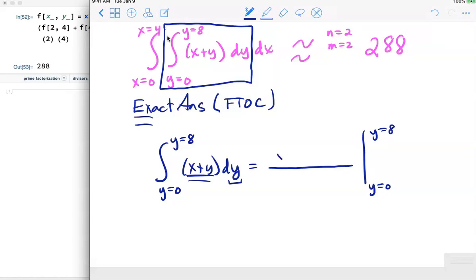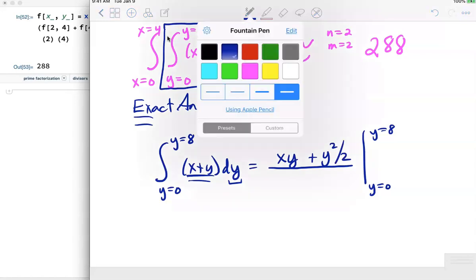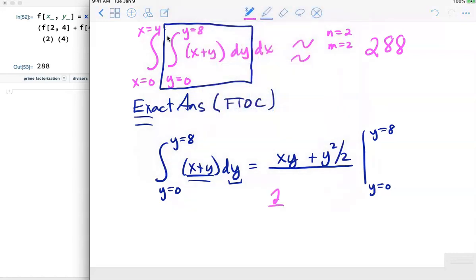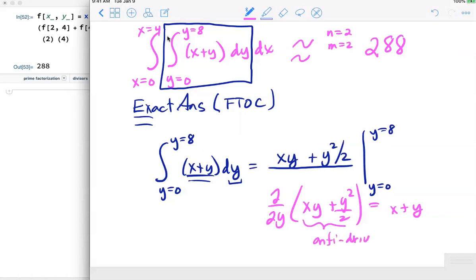So for example, if you look at x multiplied by y plus y squared over 2, right? If you take the partial derivative with respect to y of that, then we have x plus y. And that is what makes this an antiderivative with respect to y.